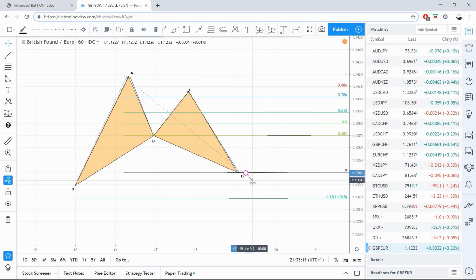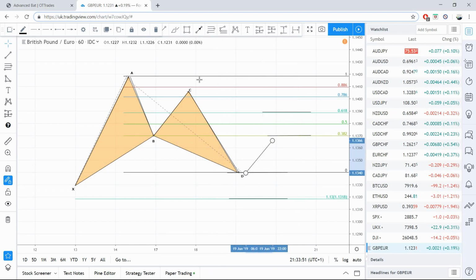Now, if price continues to move lower before it retraces higher, because remember this is just our limit order set at this point, these points shouldn't be treated as exact prices where we're expecting price to bounce off. We are expecting some room for movement, which is why we've got this zone here between our limit order and our stop loss. We've left this room for price to fluctuate before it reverses, which is why our stop loss is down here.